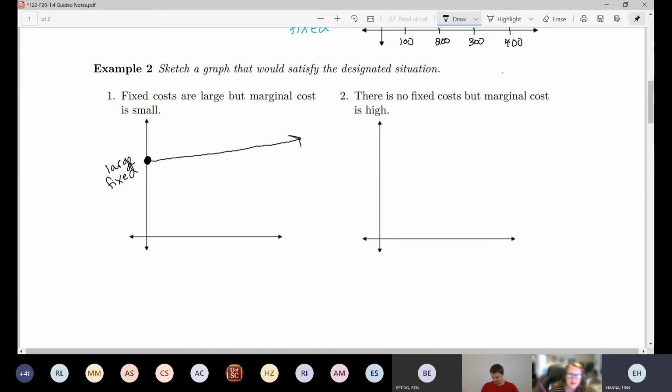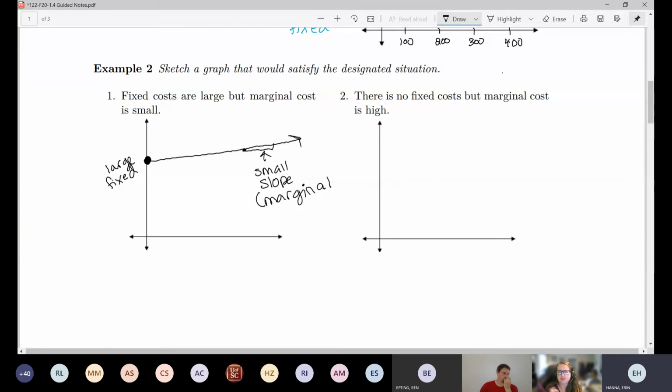That's a very not steep line. Small slope, which was the marginal. So to sketch the idea of large fixed costs and small marginal costs, I just want a large y-intercept and a very not steep slope.